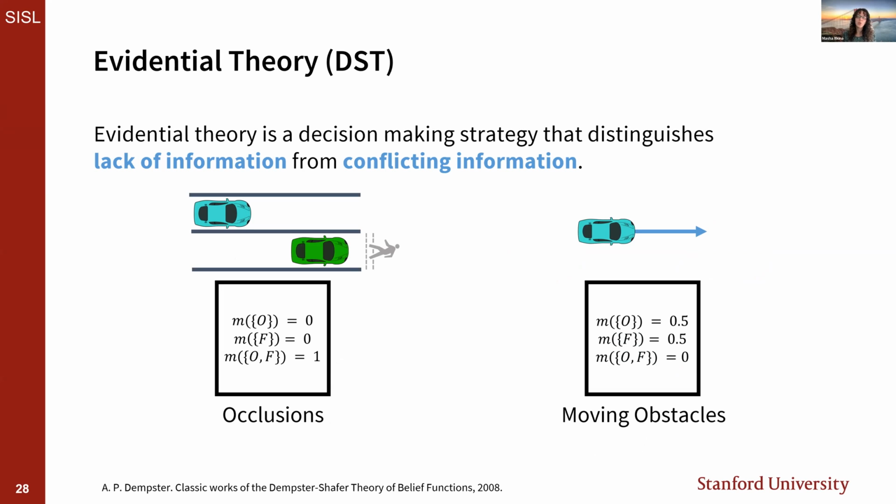Evidential theory can distinguish between these two cases by assigning belief mass to the unknown set of occupied or free for the occluded cells, and conflicting information supporting both occupied and free hypotheses for the moving obstacles. More standard Bayesian approaches might result in about 0.5 probability of occupancy in both of these situations.